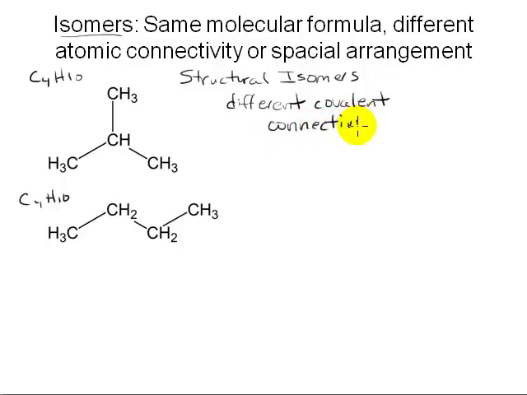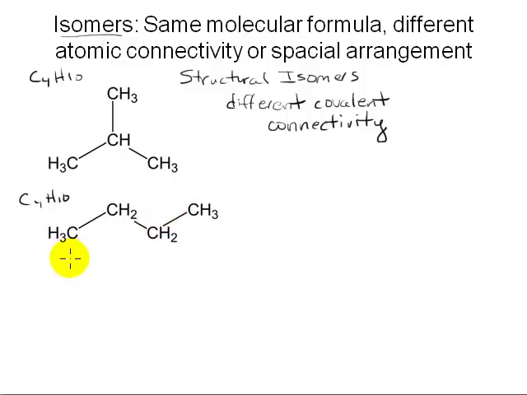Now looking at these, would you predict that these molecules would have the same chemical and physical properties or not? Well, they're both hydrocarbons. They're both made up of only carbon and hydrogen, so we could probably think about their essential hydrophobic nature as being the same. But let's think about this branching. If you consider that, you probably predicted that the introduction of branching in this molecule is going to disrupt intermolecular interactions, right?